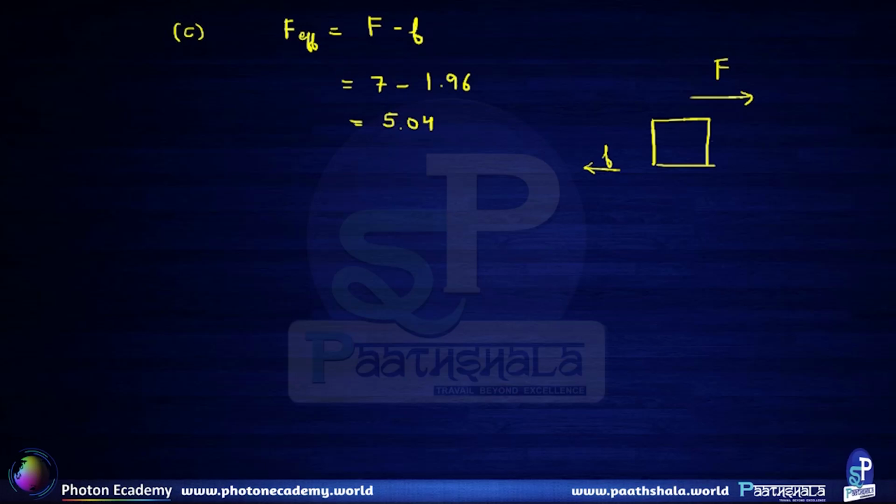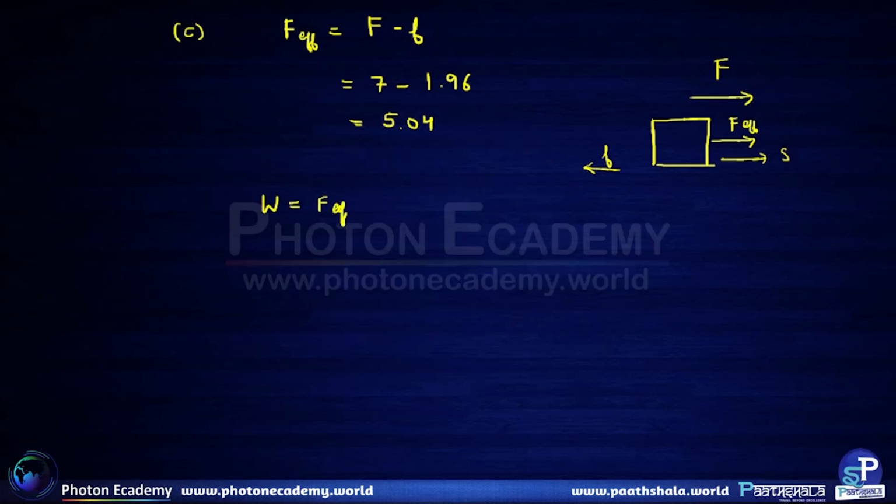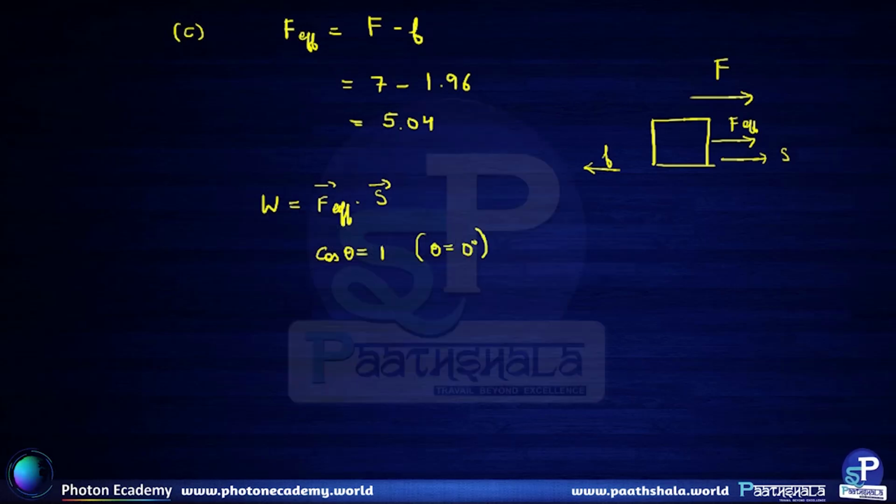So the net effective horizontal force will be F effective, and displacement is also in this direction. Therefore, work done by this F effective force, as F effective is acting in the same direction as the S vector, cos theta here will be 1, because theta is 0 degrees, as they both are in the same direction.